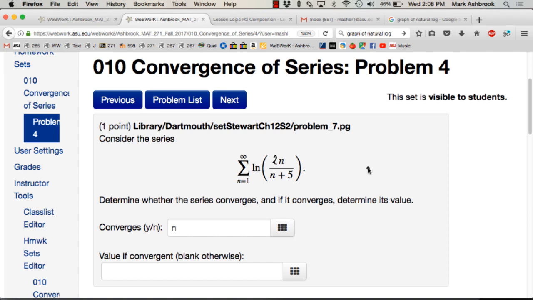If the sequence goes to 0, then the series, the sum, may or may not converge. If the sequence does not go to 0, you're done thinking about it. It just diverges. But again, don't worry about this problem. I'll give you a point back.